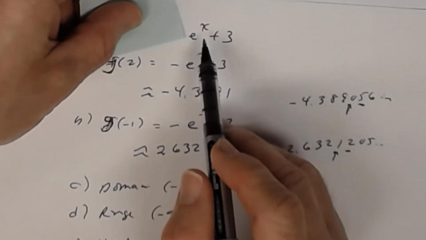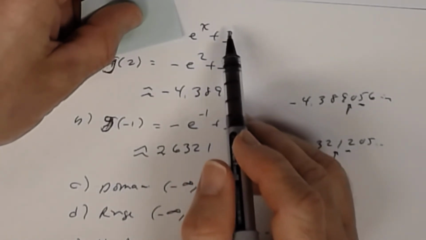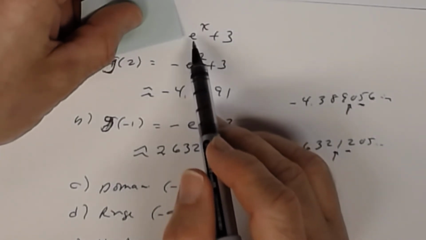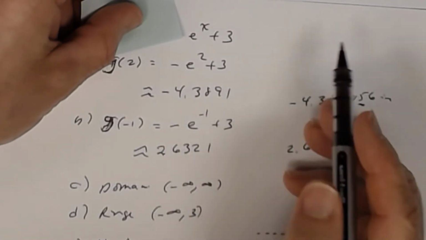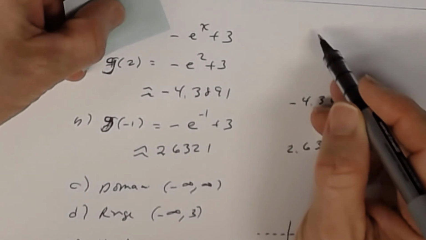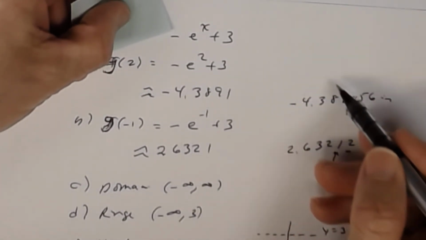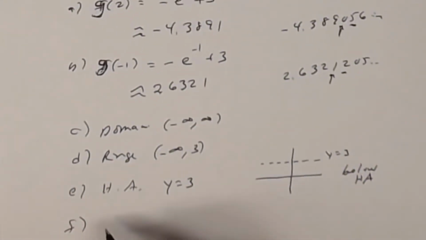If there's no reflection, cover this up, then the graph is above the horizontal asymptote. Since e is greater than 1, it'll be increasing. So in our mind, we know it does something like this. The reflection reflects it about the horizontal asymptote. So instead of increasing, it is decreasing. So this will be a decreasing function.